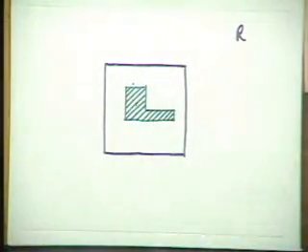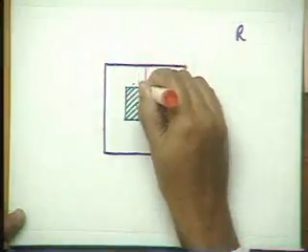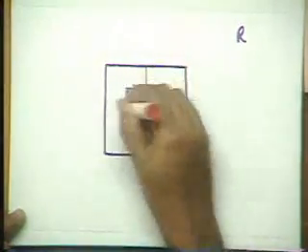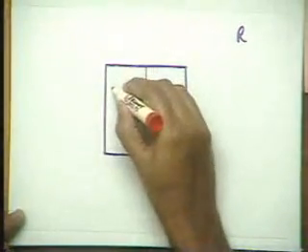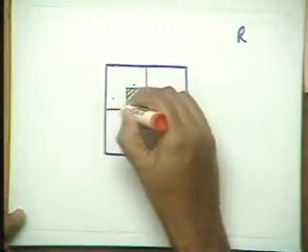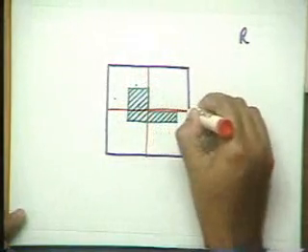What we do, given any image, is first partition the image into 4 equal divisions. This approach is known as the quad tree expansion approach. So you divide the entire region into 4 smaller sections. I use the red pen to mark the 4 sections. So, four equal partitions I made.